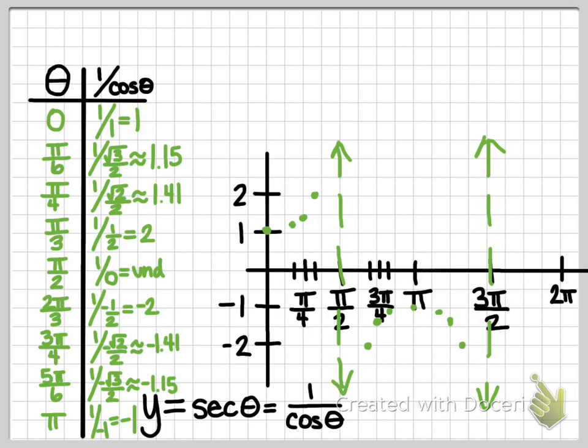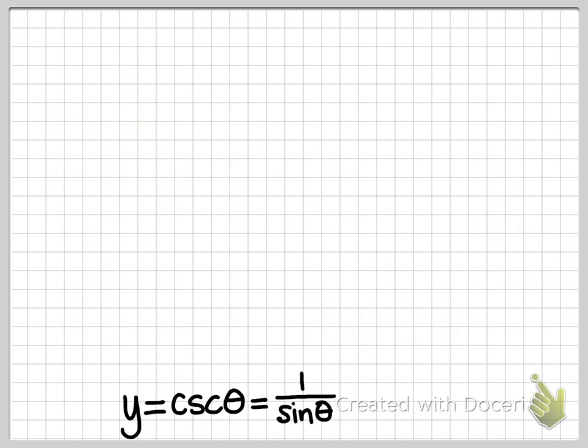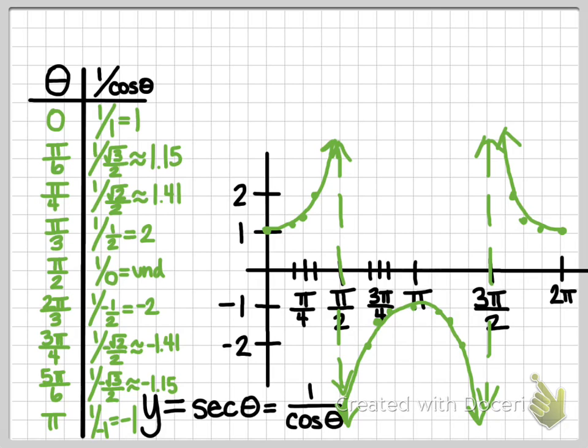We would have another asymptote at 3 pi over 2, and then it would continue on the other side. So if I went all the way around to 2 pi, these are all of those values, 1 divided by cosine. Okay, so if I fill those in, this is what the reciprocal of cosine looks like, which is secant. And it's going to continue on either side of those in the negative angle direction and past 2 pi again.